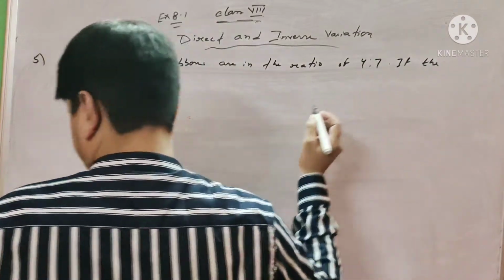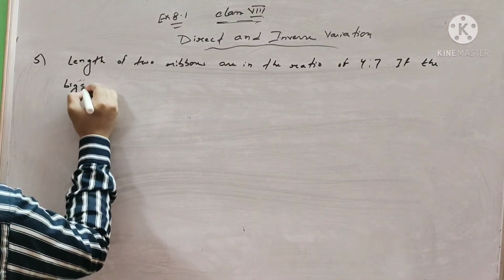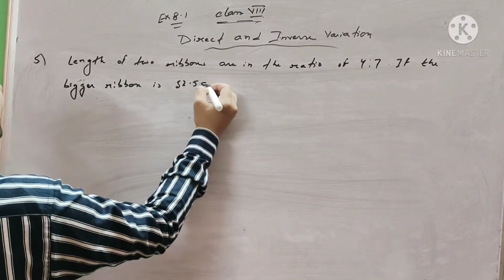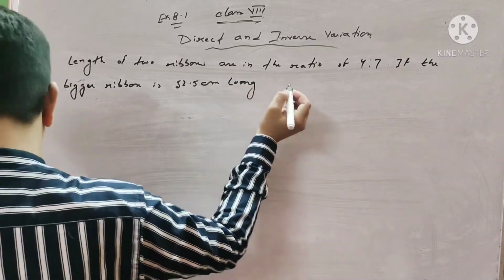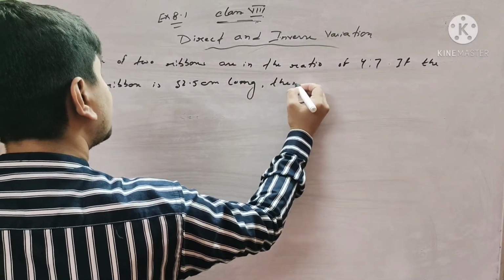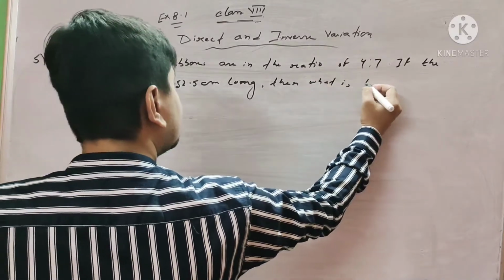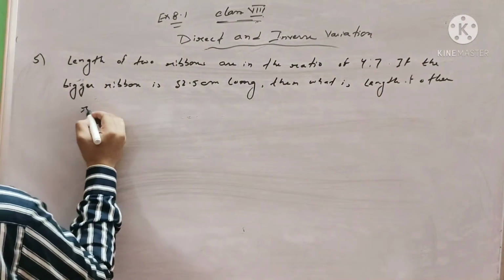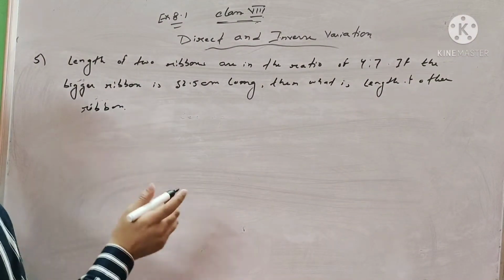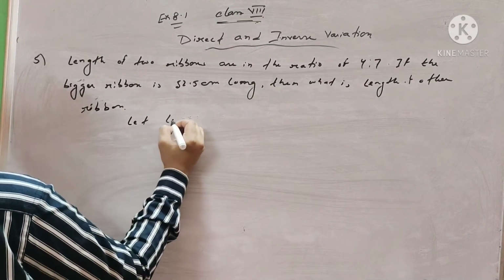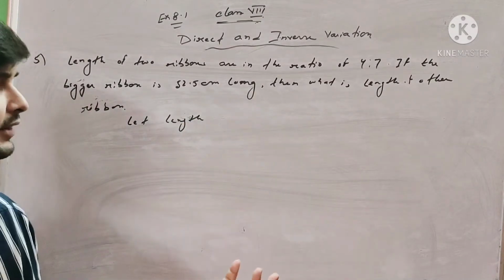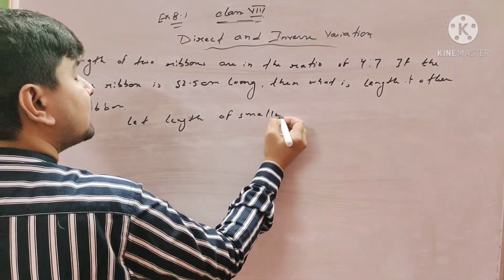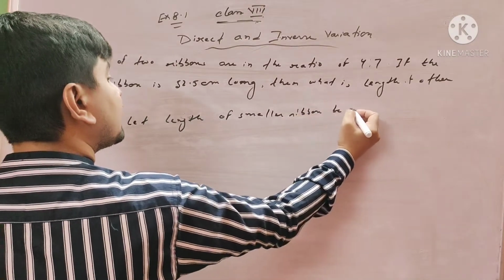If the bigger ribbon is 52.5 centimeters long, then what is the length of the other ribbon? Okay, so let the length of the other ribbon, either you write other or write smaller ribbon, be x.